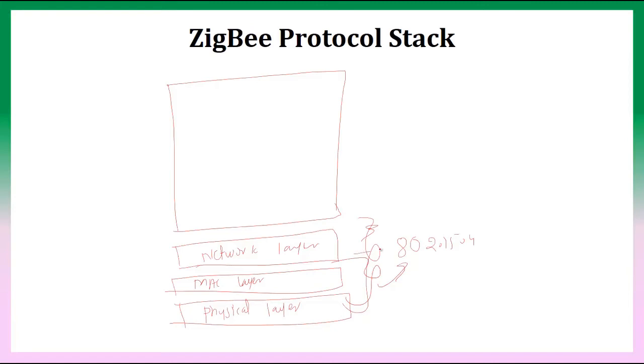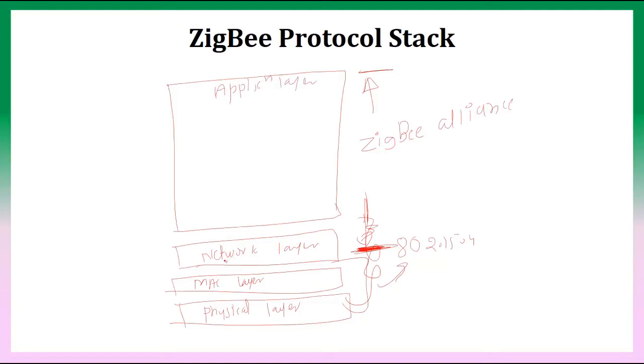And beyond this, please consider from the network layer through the entire stack, whatever is there, it is supported by the ZigBee Alliance. So first one is the network layer, then the application layer.